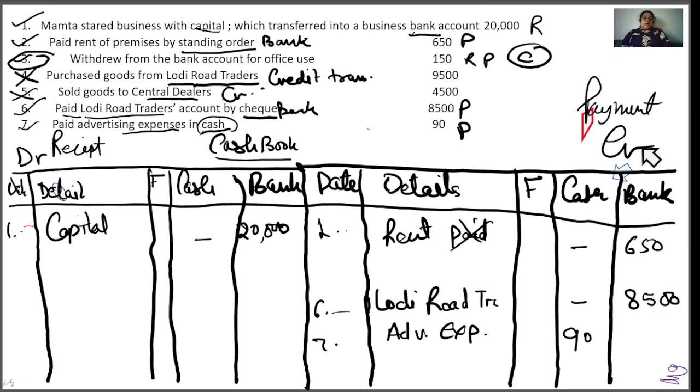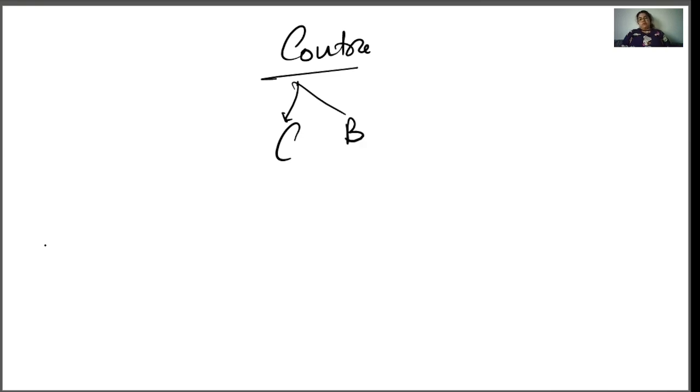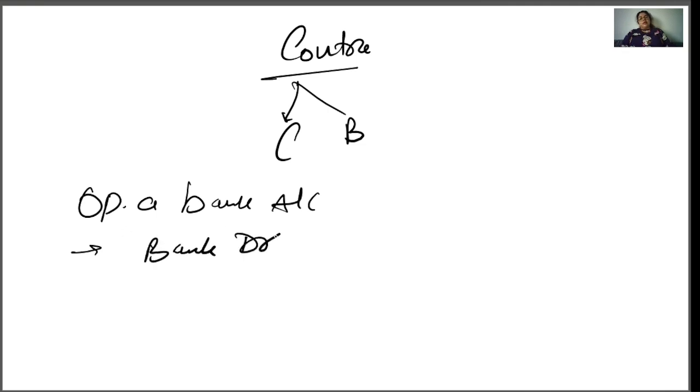Now talking about the contra entry. So let's discuss what is a contra entry. A contra entry is an entry in which cash and bank both are involved. For example, you opened a bank account. So the general entry for this is bank will be debited and cash will be credited.